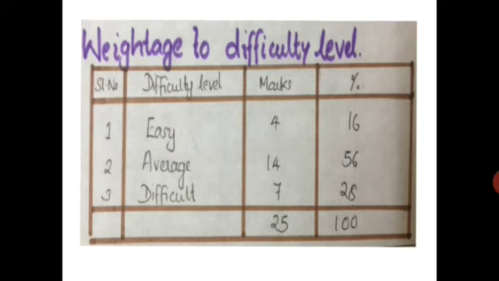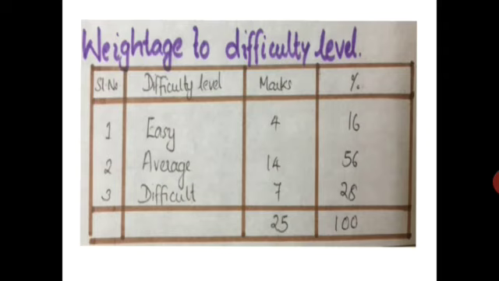In this slide, we have taken 3 difficulty levels and the distribution of marks to all these difficulty levels. First, you can see easy level. I have given 4 marks and the percentage is 16.